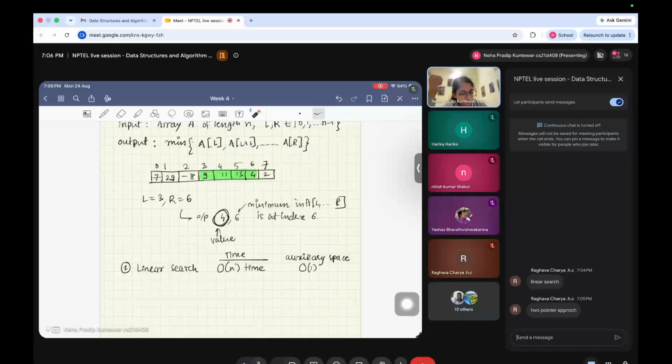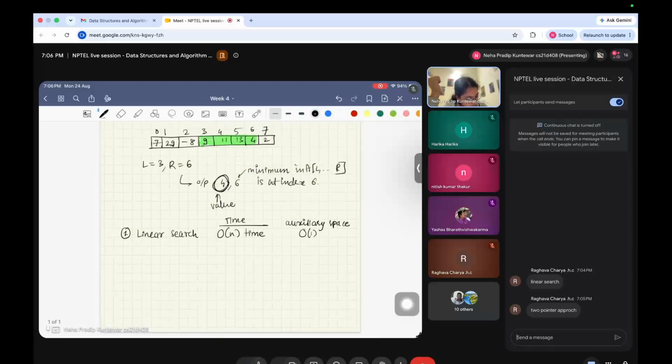Suppose the array size is very large, let's say 10 to the 5, just a random number.